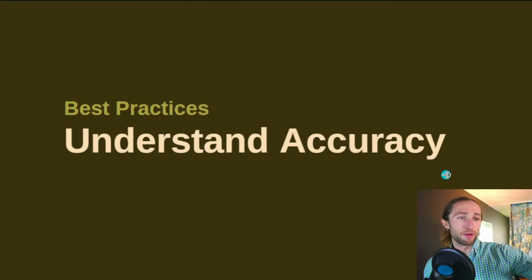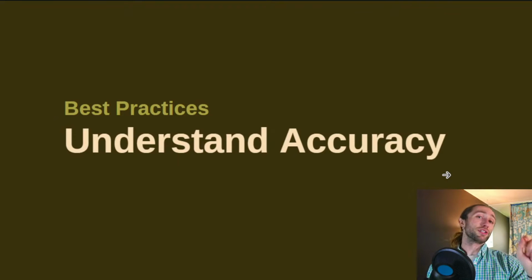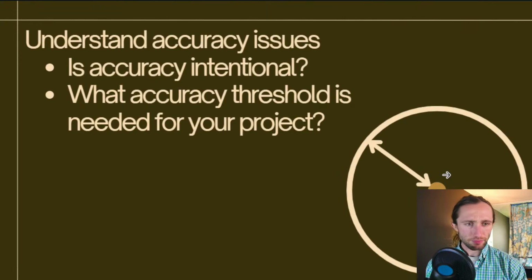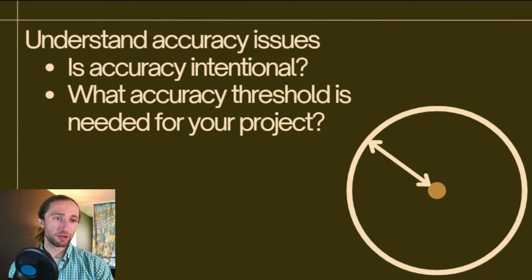We're going to move on to the best practices, and this is where I wanted to talk about accuracy. Accuracy is a very, very tricky metric to properly work with. Because the first question you need to ask yourself is, is that accuracy intentional? GBIF actually has a lengthy guide of best practices for how to round or hide your GPS points due to the taxa being threatened.